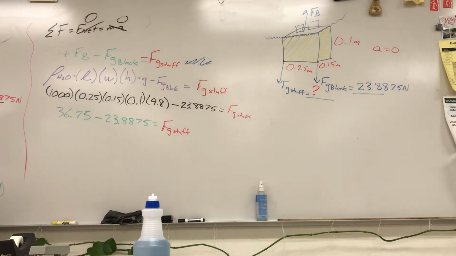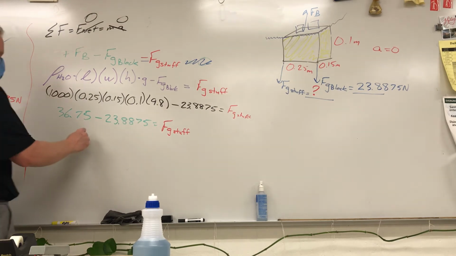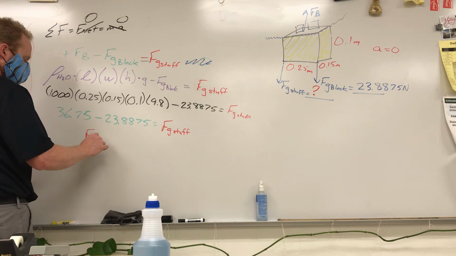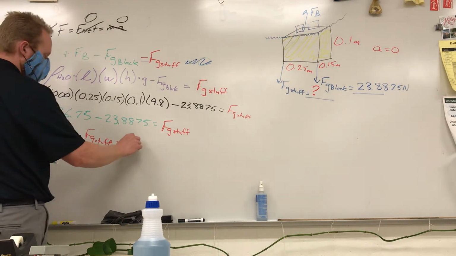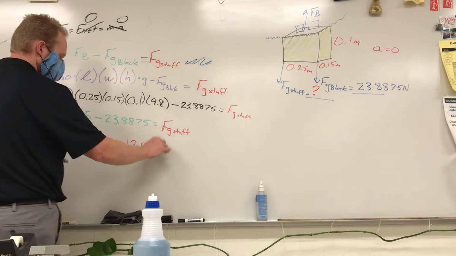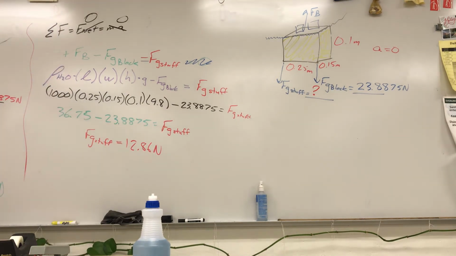So we take those two numbers, subtract them, and get our FG. Now I'm going to round at the very end, 12.86 newtons. That block can hold 12.86 newtons before it will swamp or sink, essentially.